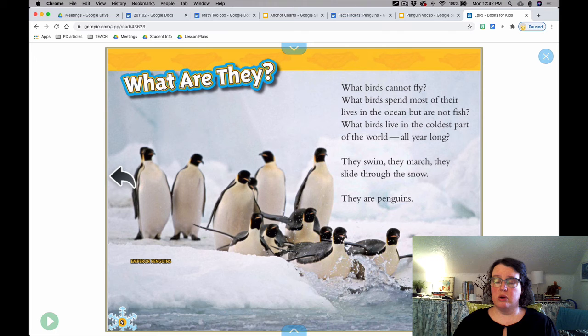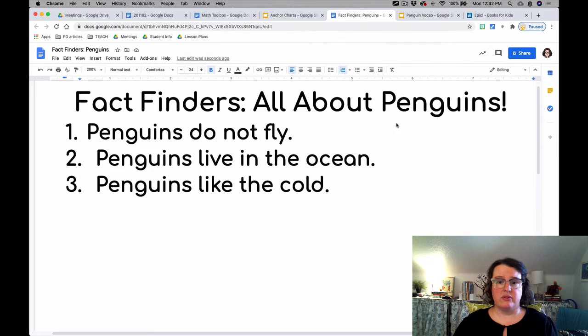There we go. All right, so we read this page and we made a list of facts. Here's your job. You should have drawn a picture of a penguin on paper, and I want you to pick 2 of these facts and write them on your poster. And if you don't have room, you can write them on another piece of paper.